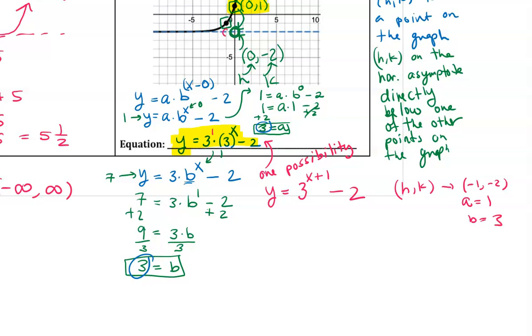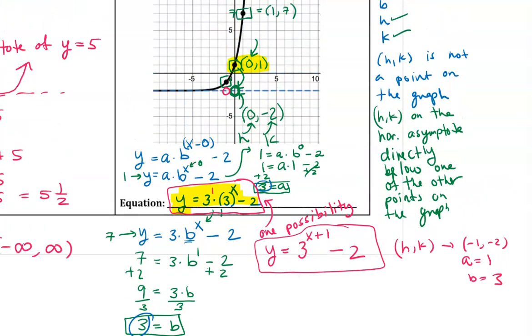That would have been if you had used this point, -1, -2. Anyways, these are actually the same thing. This is equal to this. It just depends on which point you chose originally for your hk. So that's the main thing.